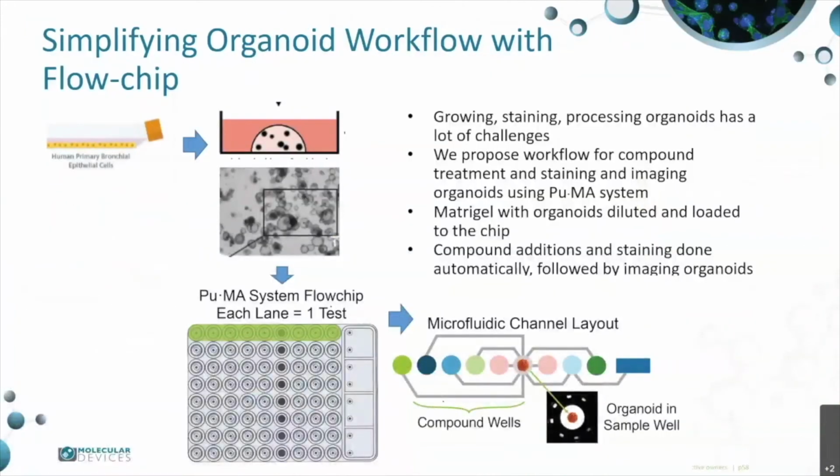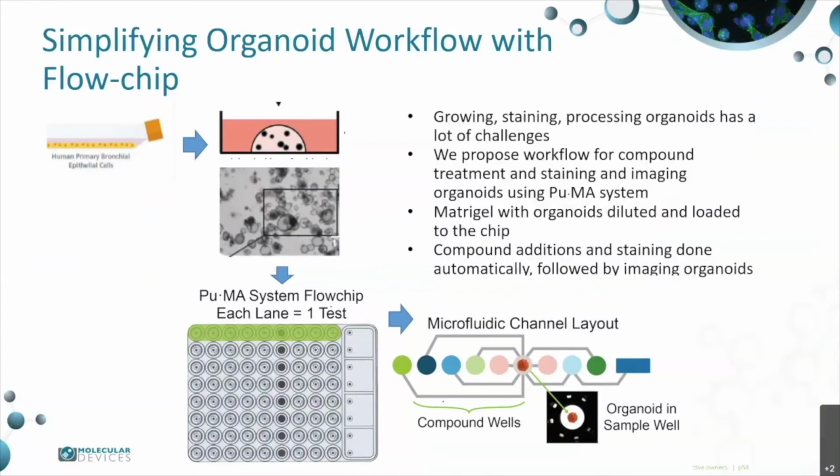So finally, I would like to describe the use of Puma system for simplifying organoid workflow with using flow chips. So we've been working with lung organoids, which were derived from primary bronchial epithelial cells.